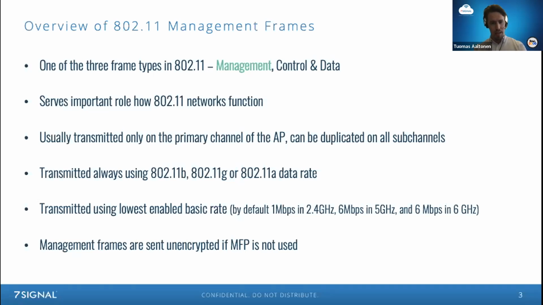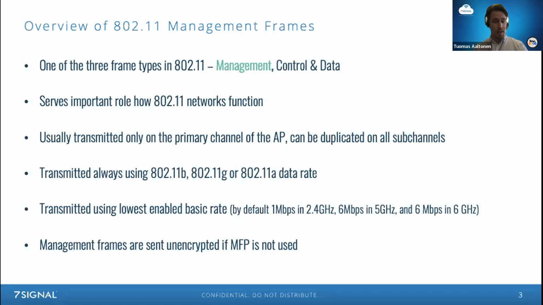So the client knows the limitations of the access point and the access point knows the limitations of the client, and they can negotiate all the data rates and the channels together to speak the same language.